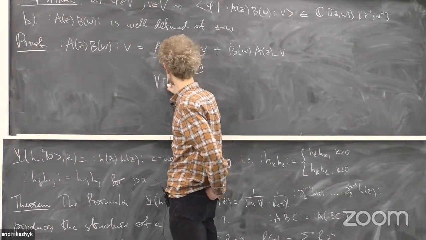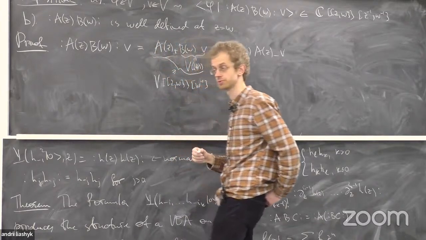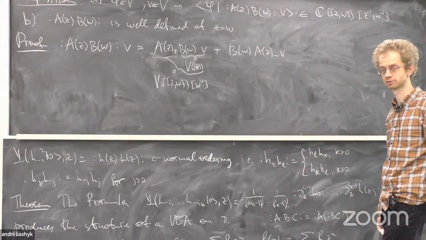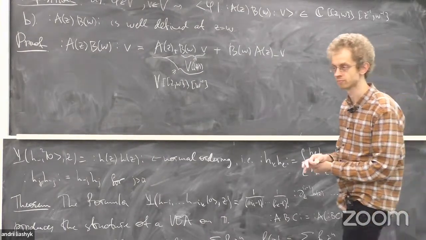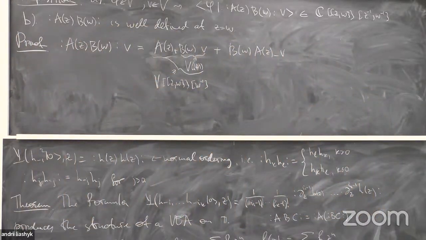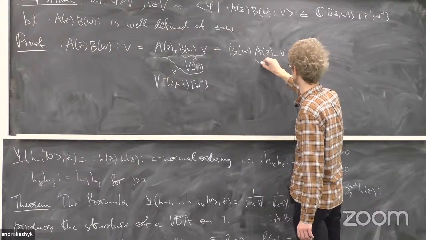So we have z, w and only finitely many negative terms, right? Does this make sense? And now let's move on here. Where does this guy belong to?